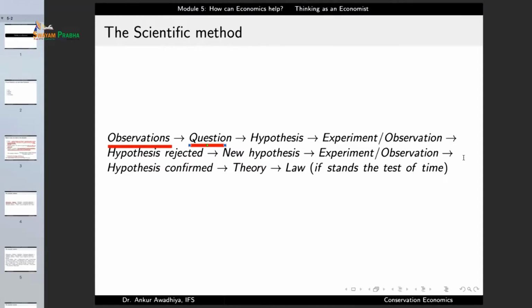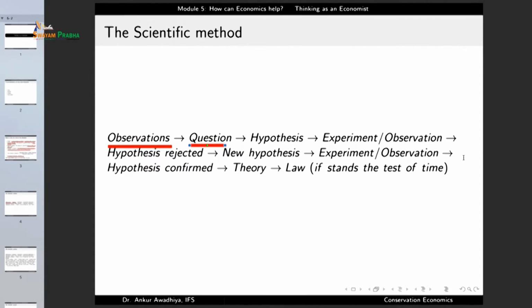Does this market depend on, say, who is the buyer or who is the seller, or does this market depend on what the currency exchange rate is, or does this market depend on what is the level of insurgency in areas where you have the tigers, so that it is easy to poach the tigers. So there could be a number of questions that can be asked based on any observation.